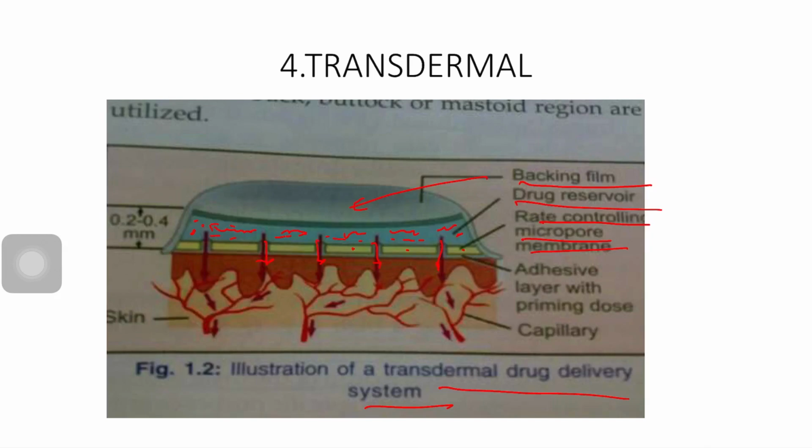Beneath that yellow layer there is an adhesive layer through which the sticker remains stuck onto the skin, and through the pores the drug gets released and is absorbed through the dermal capillaries and goes into the system. This is how the layers are designed: backing film, followed by the drug reservoir, followed by the micropore membrane, followed by the adhesive layer. This is a structure that is frequently asked in your examination of the transdermal adhesive patch.